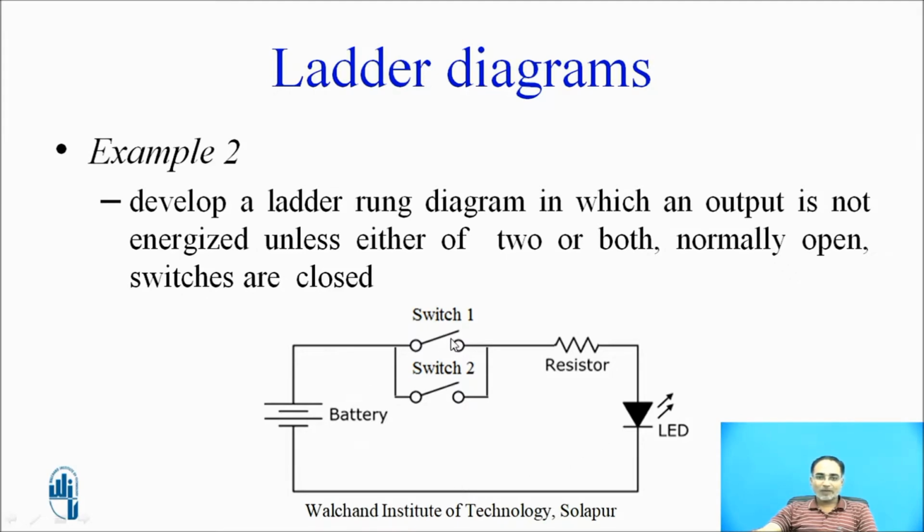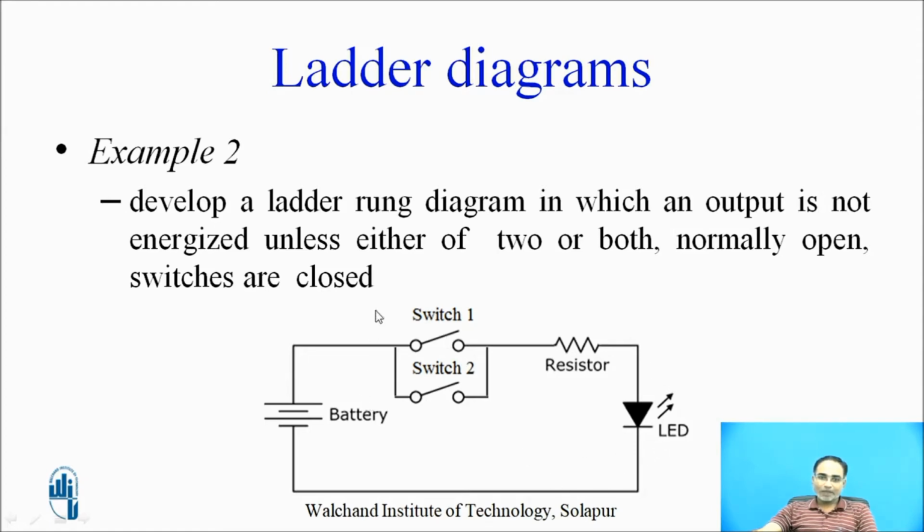Or instead of switch 1, if switch 2 is closed, still the circuit will complete, and in this case also the LED will glow. Obviously when both the switches are closed, still there is a closed path, so in this case also the LED will glow. Only in the case in which both switches are open, the LED will be off.